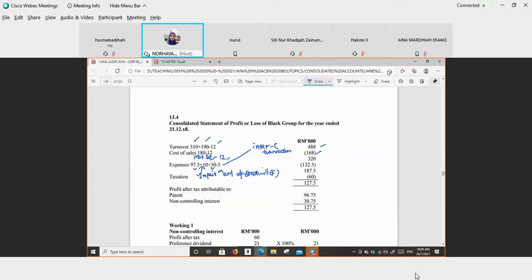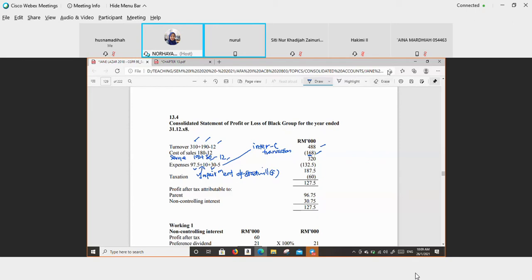Okay, sebab kalau you perasan kat sini, dia ada apa tu service charge kan? Dia tak keluarkan langsung. Kalau you letak kat sini, you nampak lah. Okay, service charge. Okay, which is income. Okay, you akan tolak macam ni lah. Boleh? Faham tak? Kalau dalam you punya profit or loss tu ada kan?